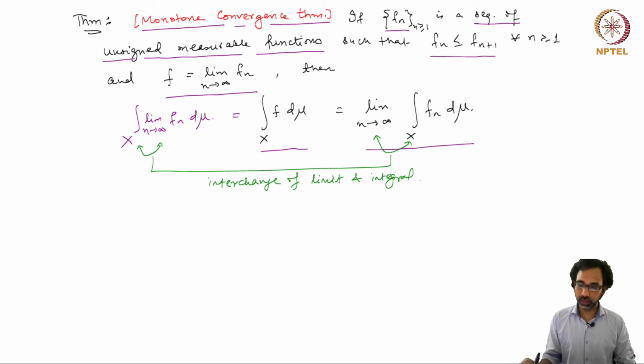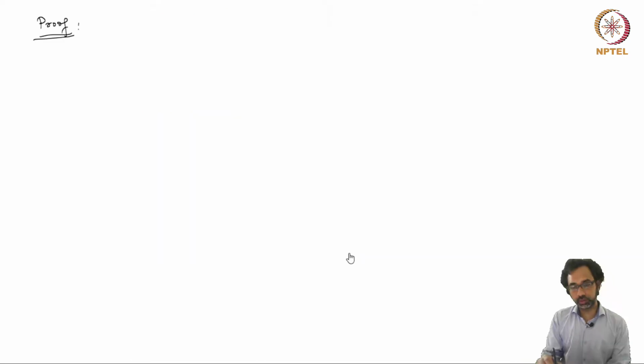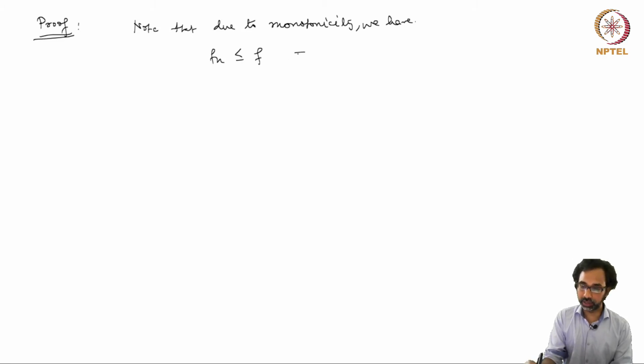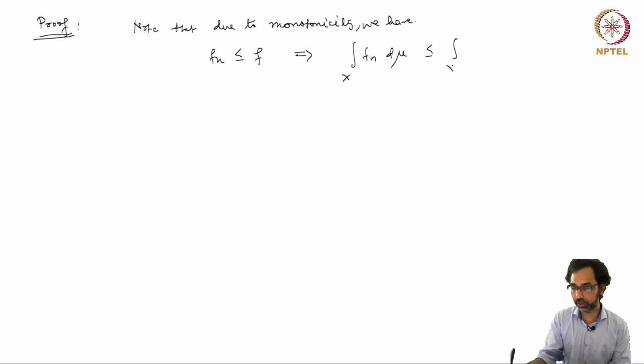So let's look at the proof for this monotone convergence theorem. So first note that due to monotonicity, we have that since Fn is less than or equal to f, this implies that integral Fn d mu is less than or equal to integral f d mu.